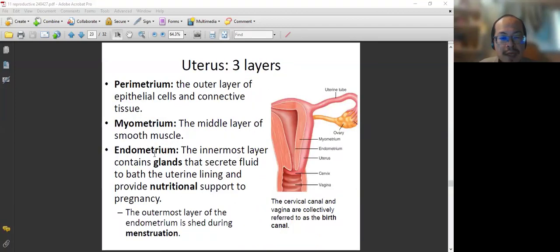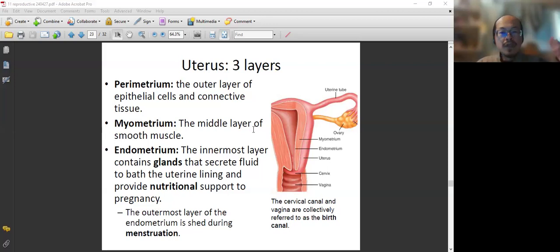Quick question: menstruation refers to which layer getting shed? It would be the endometrium. The endometrium is shed during menstruation. It's not muscle. So this endometrium can regrow, just like your skin.